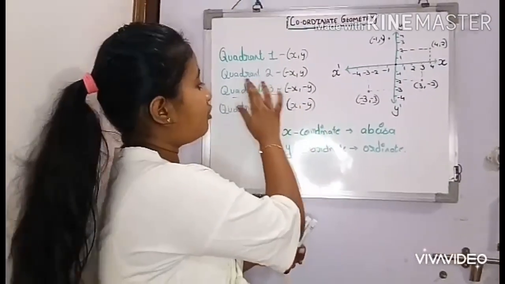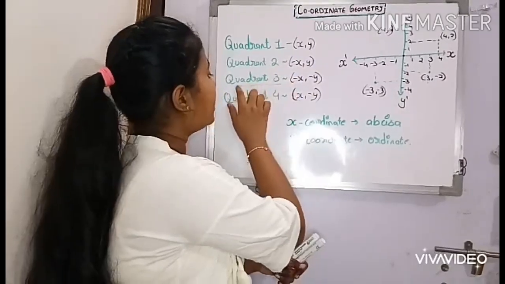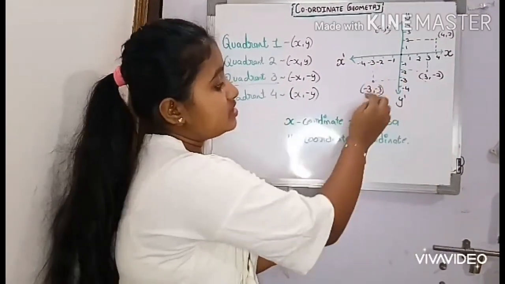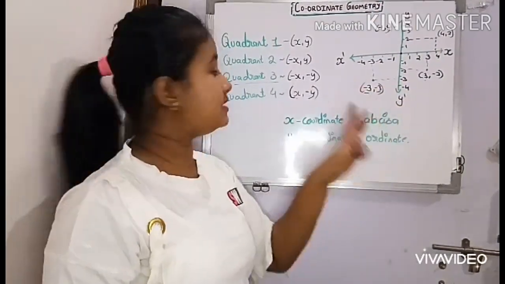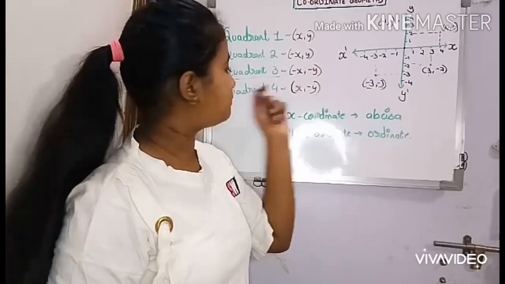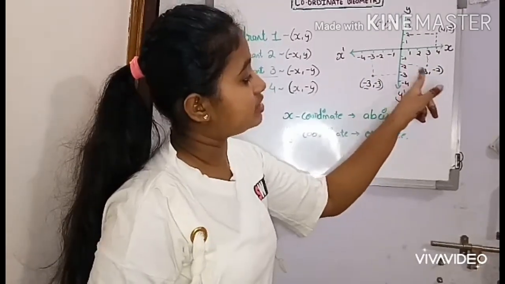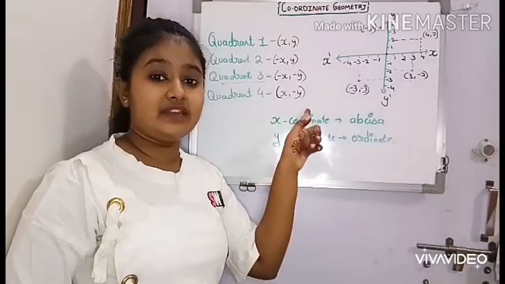So quadrant 2 has -x, positive y. What is the situation of quadrant 3? X gives -3 and y also gives -3. So quadrant 3 has -x, -y. And the fourth quadrant gives us positive 3 and negative 2. So quadrant 4 has x, -y.